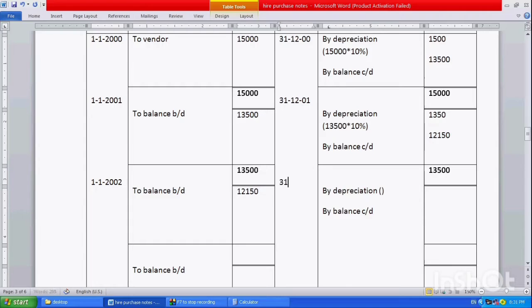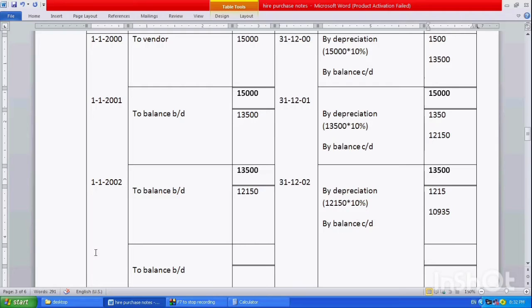Now I'm writing for 31st December 2002 by depreciation 12,150 into 10%. Here we are getting 1215. So now balance carried on. So 12,150 deduct 1,215 from 12,150. So we are getting 10,935.